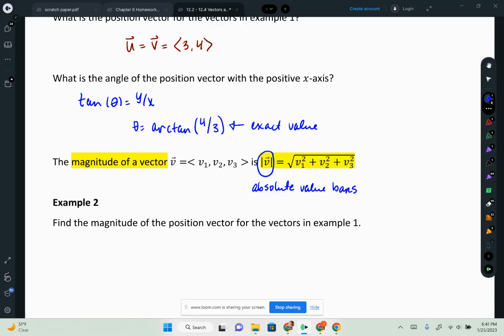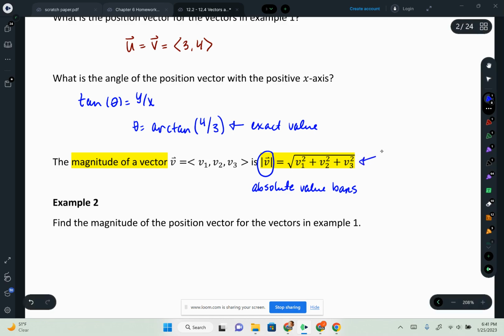Absolute value bars, when we have the absolute value of a number, what we're actually defining is the absolute distance from 0, which is length, right? So absolute values were always giving us lengths to begin with. So to use the absolute value bars in the case of the magnitude, which is length, it's not a far stretch, okay?